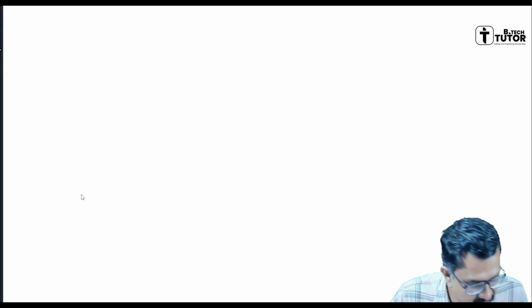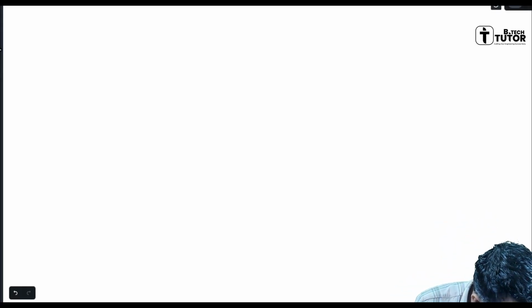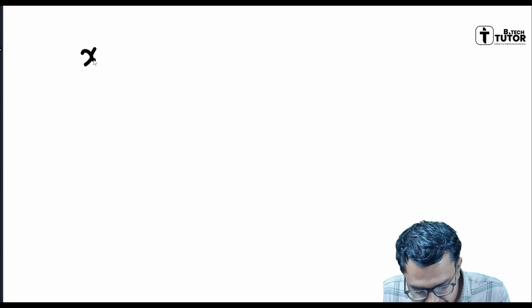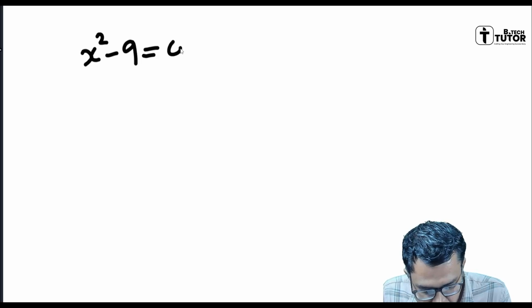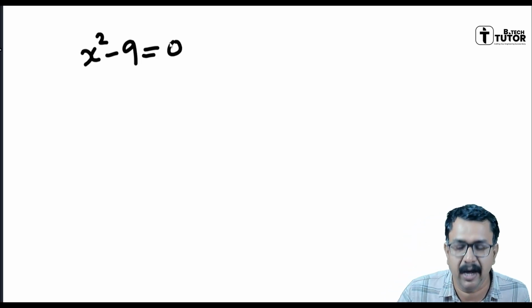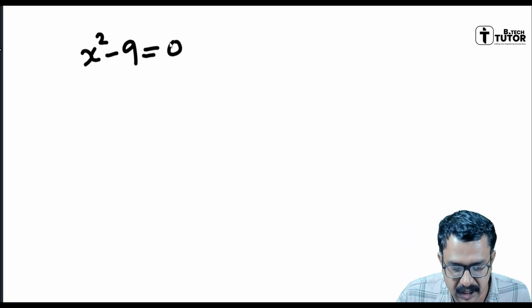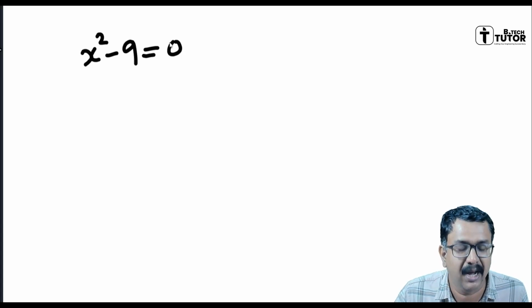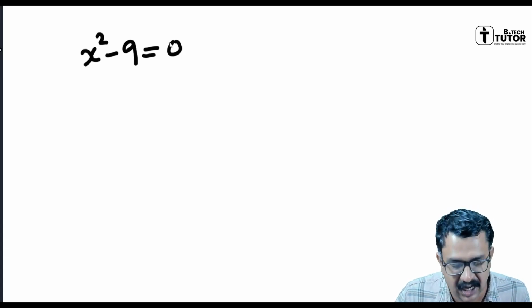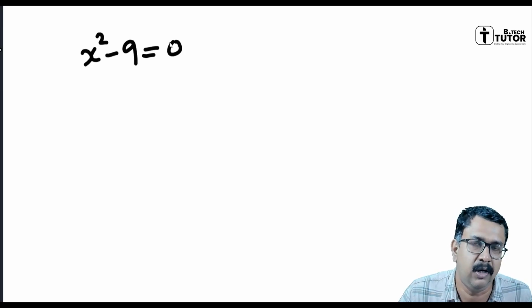The next question is very simple. Listen. x² − 9 = 0. What is x² − 9 = 0? It's very simple. We can do it in two different methods.